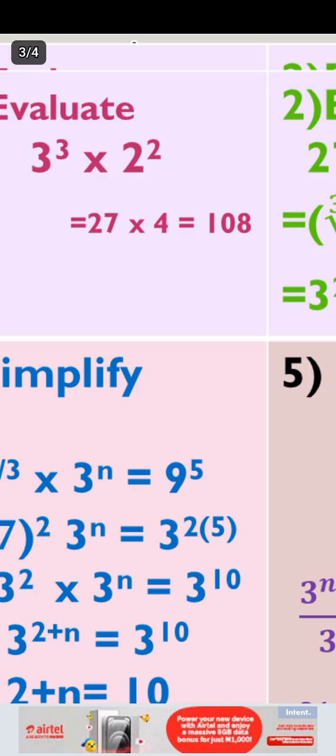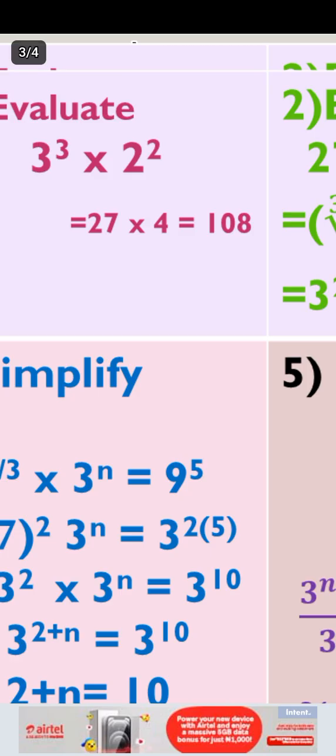When the bases in the terms are the same, the question will say simplify. And whether the bases in the terms are the same or not, an expression involving indices can be what? Simplified, can be evaluated or simplified.